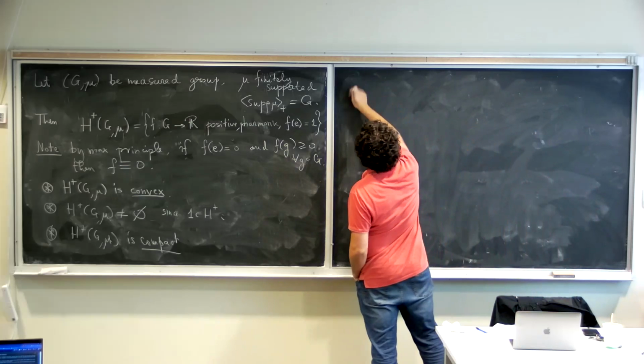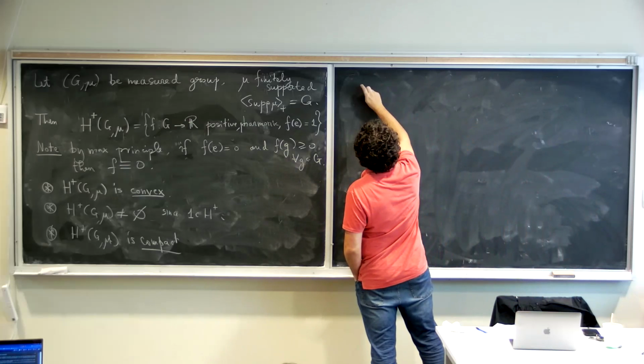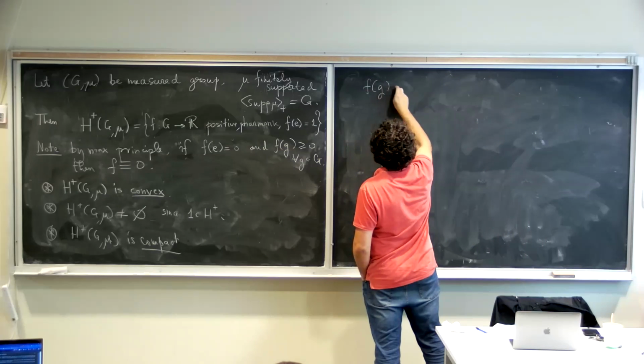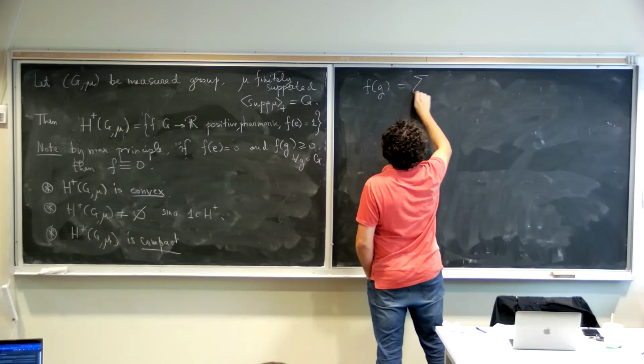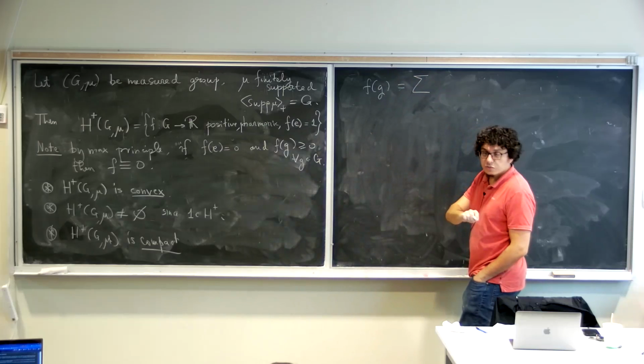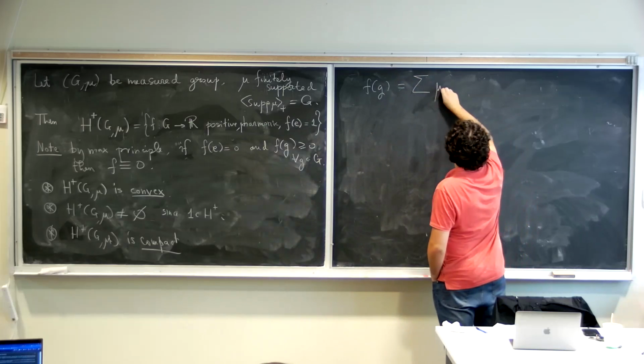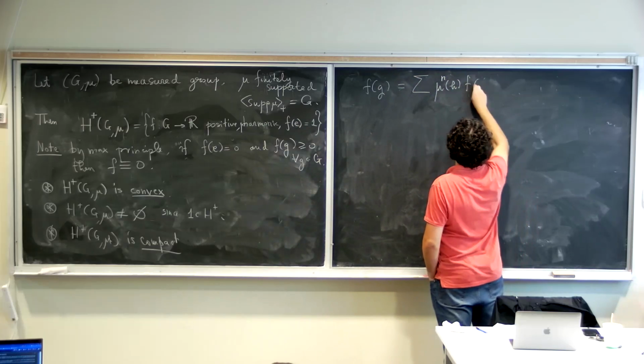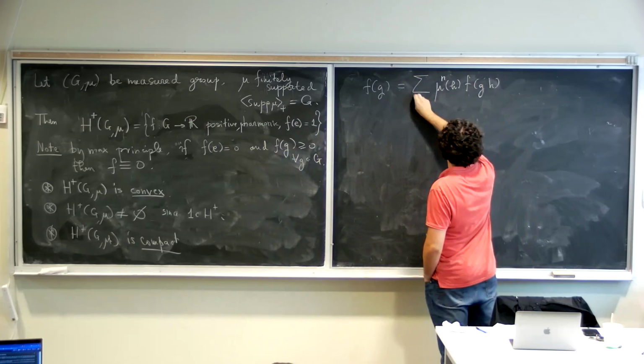Okay, so what are the a priori bounds? Well, you know that by harmonicity, F of g is the sum. So you can take the n-step distribution, mu n, the nth convolution, F of g equals the sum over h of mu n of h, F of gh, is still true.